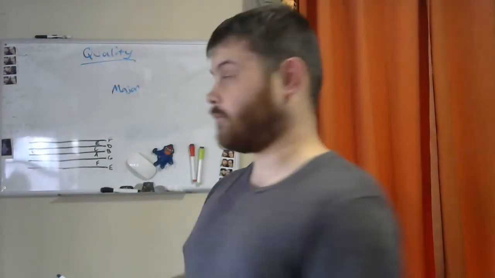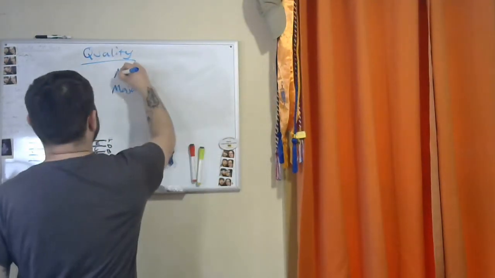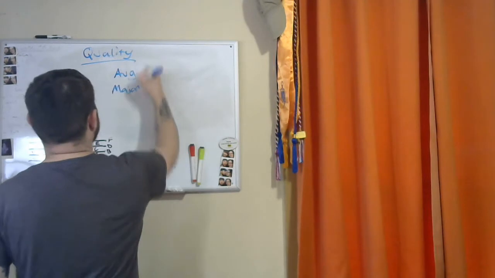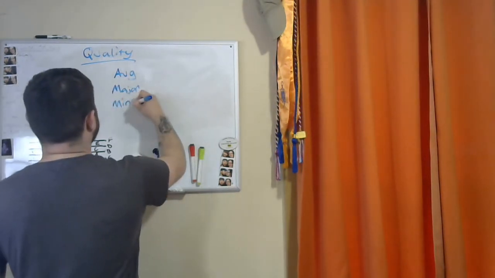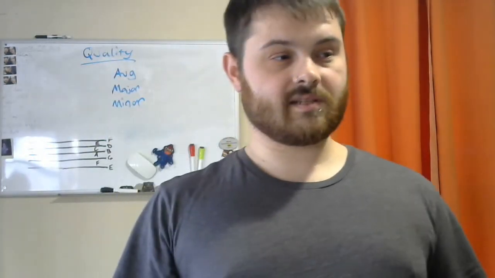So, if we were to make things in order from biggest to smallest, it'd be augmented, major, and then smaller than major is minor, which is the C to E flat.